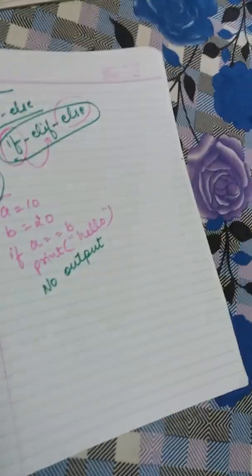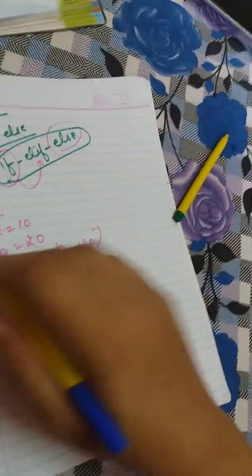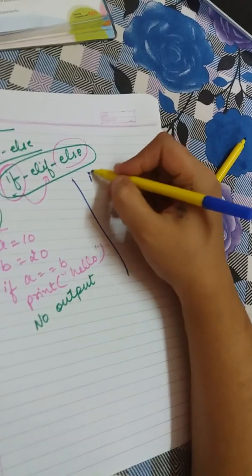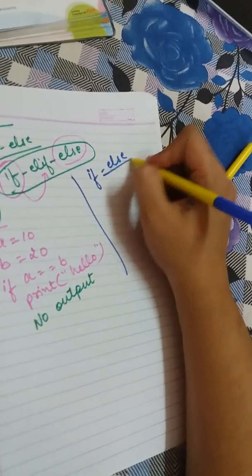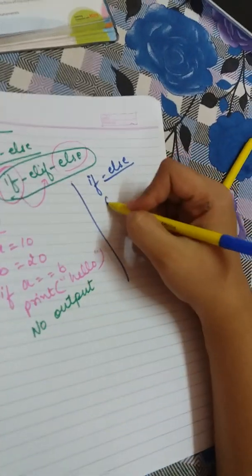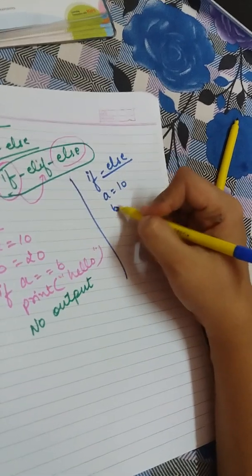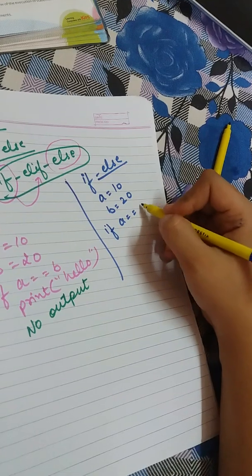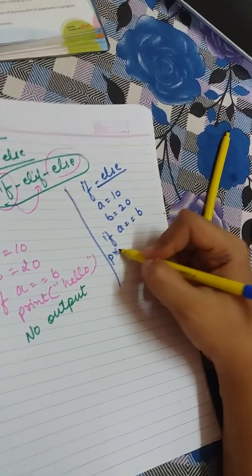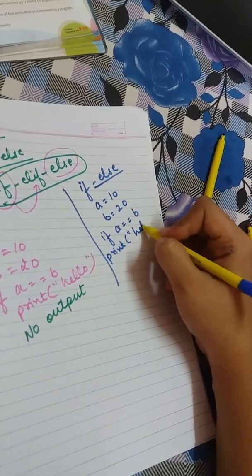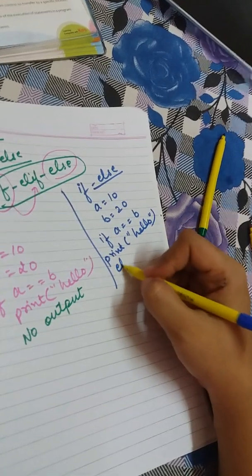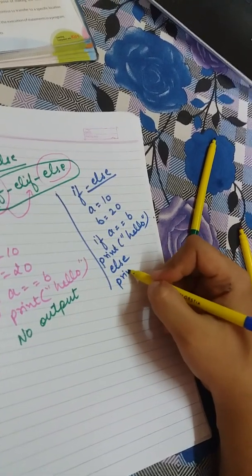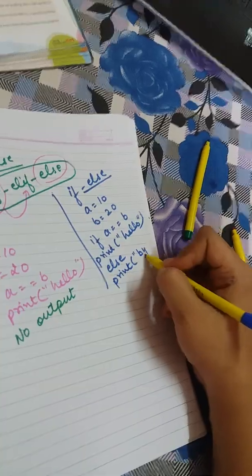Alright, now in contrast to this if, supposedly I am writing if else. The same code I am writing over here, that is a = 10, b = 20. If a == b, print hello, else print bye.